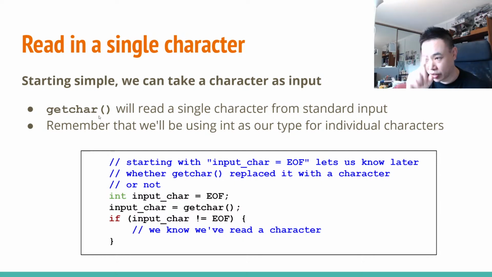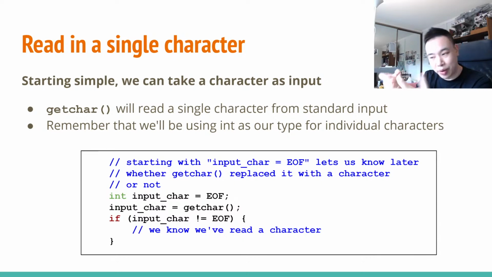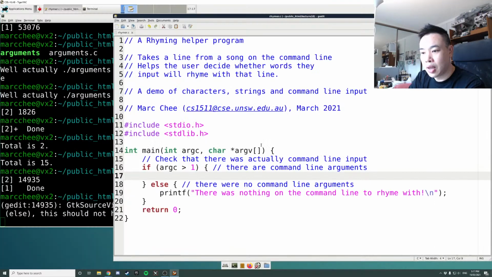We're just going to get char just once and go, all right, let's get a character from standard input, check to make sure that there actually was a character that we could use, and then we'll see if that character was in the final word of the rhyming line, because we want to rhyme the final word with the other word that we're going to put in. But for the moment, we're going to just do a single character to make it easier for us to understand what we're doing.